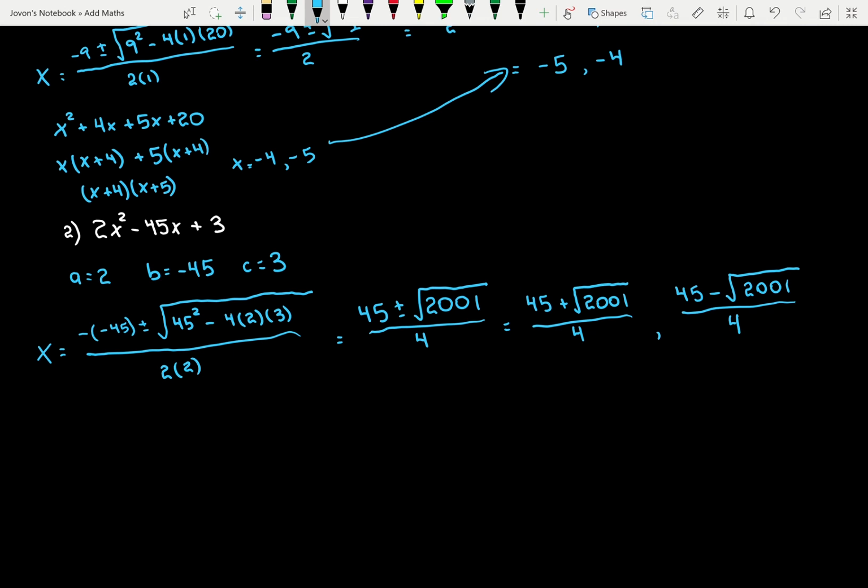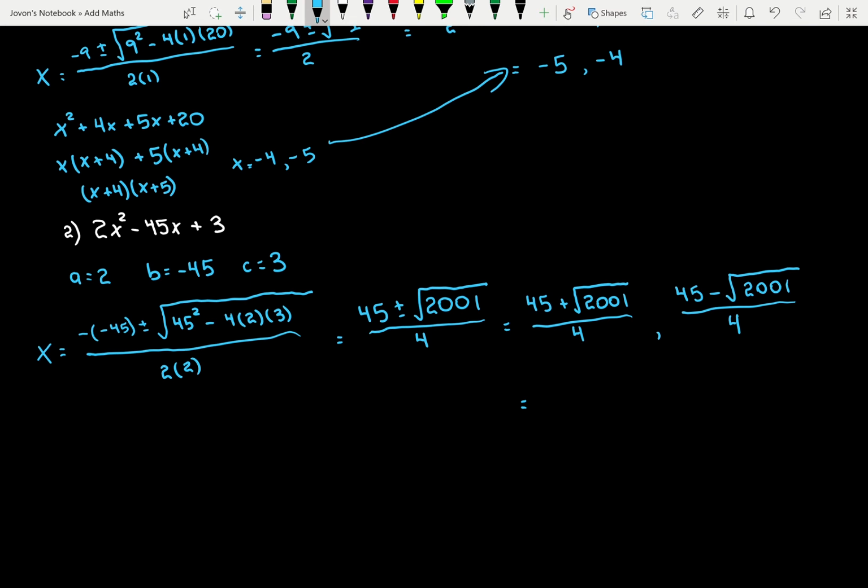Depending on what your teacher wants, you could write this as a number, but again it wouldn't be a whole number. So notice that this would have been impossible to factorize, because it doesn't factorize exactly. In this case we would have had to use the quadratic formula. So not always would you be able to factorize, and in this case using the quadratic formula is better.